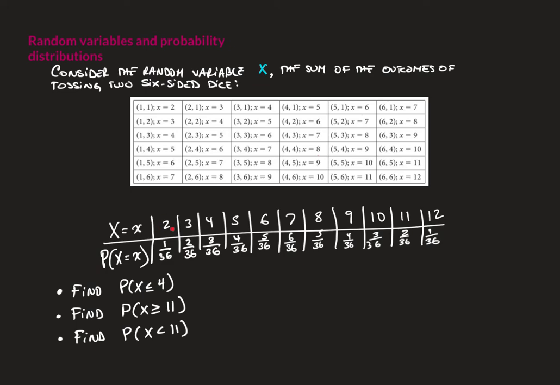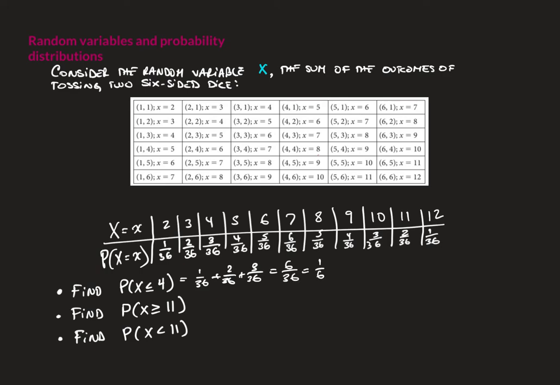So in this case, it would be 2, 3, and 4. And we need to give the total probability based on the sum of these probabilities. So this probability is going to be 1/36 plus 2/36 plus 3/36, and that is equal to 6/36, or 1/6.